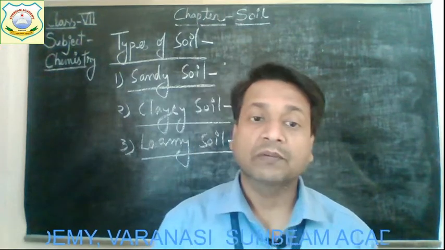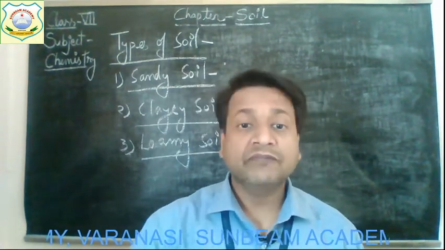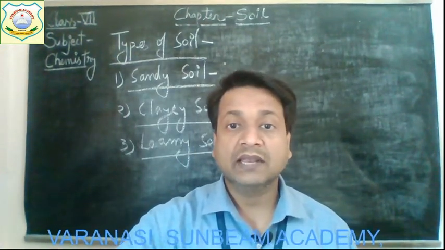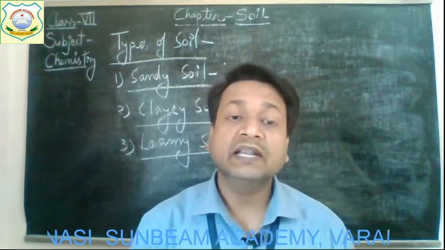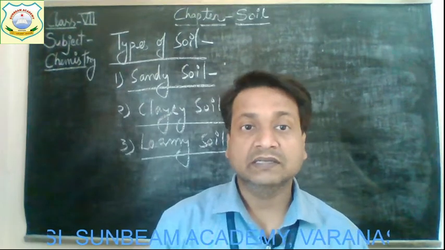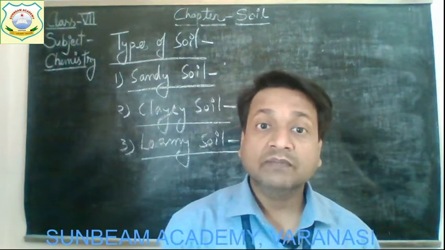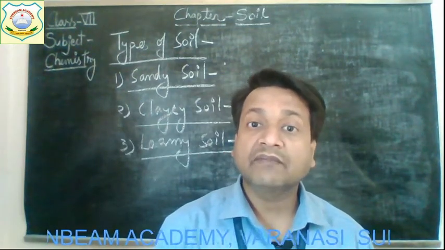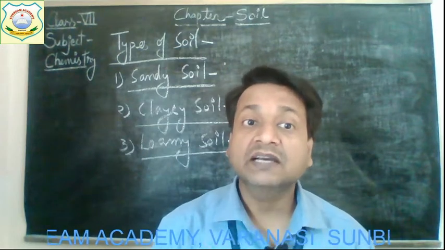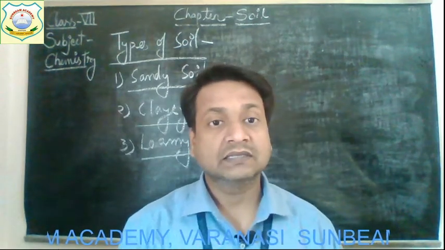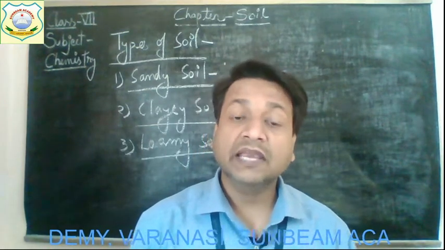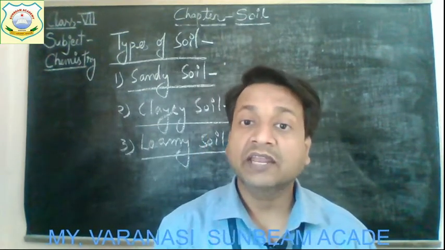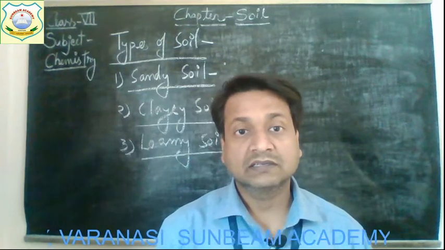Okay, now the particles of different sizes in the soil separate out to form different layers in the beaker, and at the bottom will be a layer of gravel which has the heaviest particles. Okay, and above this will be a layer of sand and then a layer of silt.